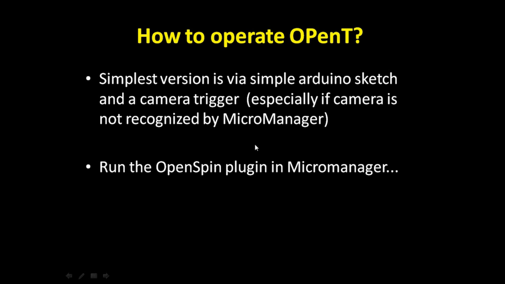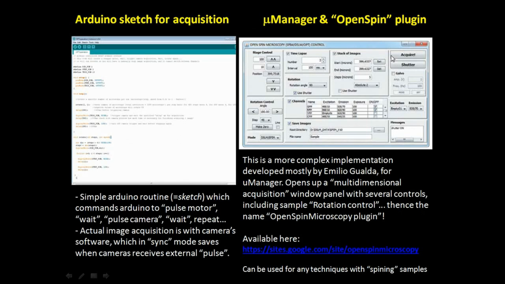And this is important because if, like me, some of you get on this project to use an old camera, or you only have money to get a cheap camera, the cheap cameras very often are not recognized by Micro-Manager, so you're stuck to this solution. But if you're lucky to have a really good camera that's fully controllable from Micro-Manager, you can actually use the Micro-Manager OpenSPIN plugin that we've developed.